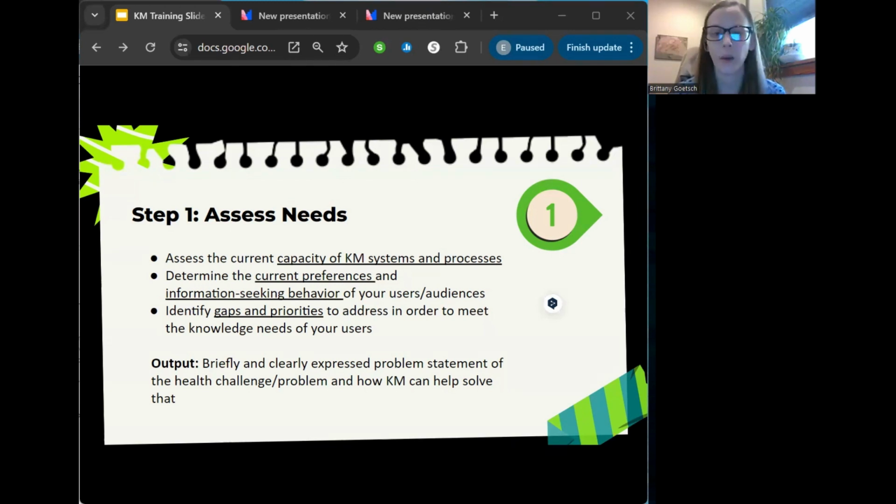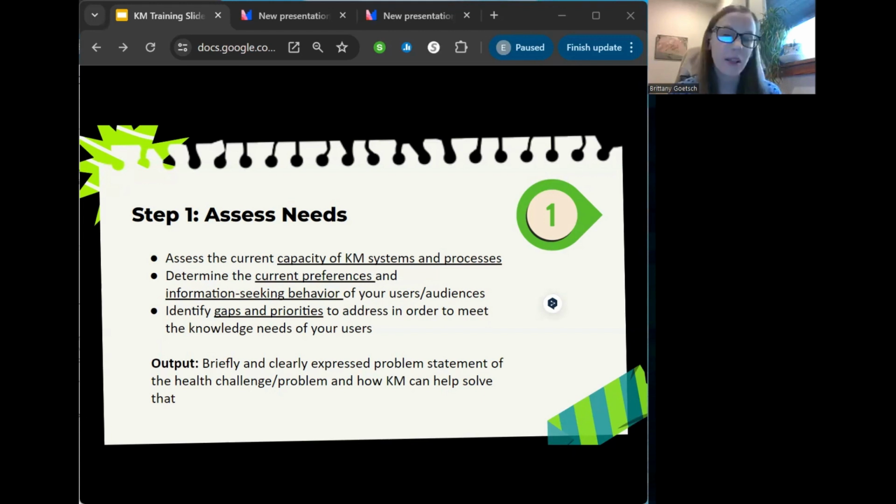And many people really want to skip over this step, because they think it's research, and they really want to just dive into the doing. Or maybe they think that they already have a grasp on what the needs are. But we really encourage people to spend some time on this step, really thinking through these issues systematically and going back to the audiences, the employees, the external audiences, and asking more questions.